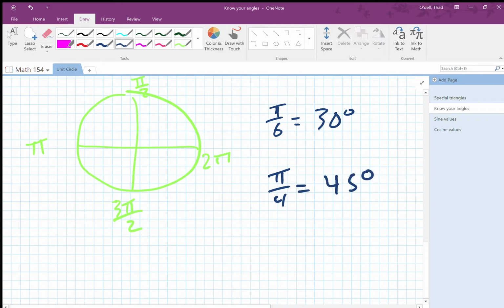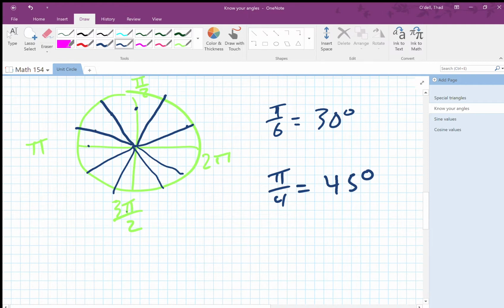In this case, I think it's easier to tell because we just have to count. If I draw in those same 30-degree partitions that I did before, each one of these is a pi over 6. So I can go 1 pi over 6, 2 pi over 6, 3 pi over 6, 4 pi over 6, 5 pi over 6, 6 pi over 6, etc. I'm just counting the pi over 6 as I go around.